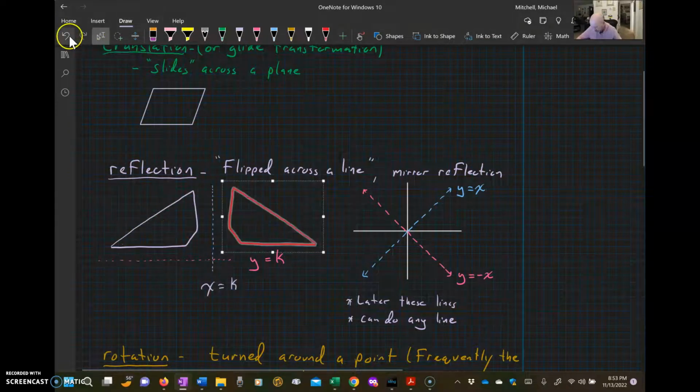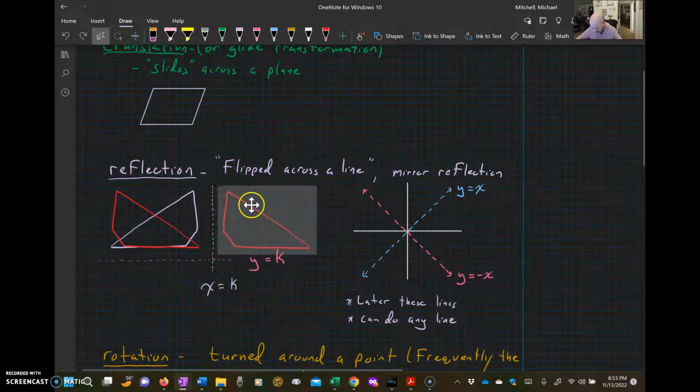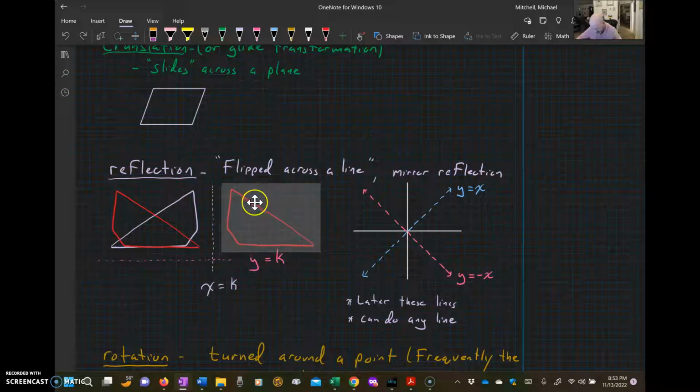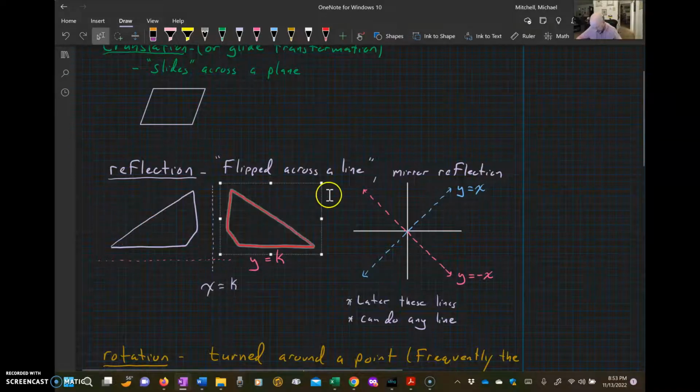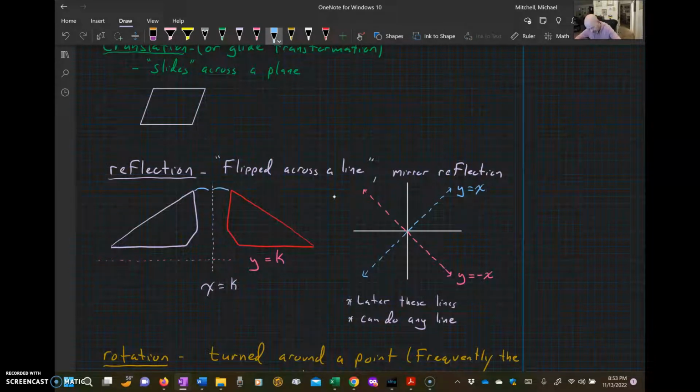I grabbed the wrong one. No, I didn't. That one will work. Doesn't matter which one I grab. Okay, there we go. And again, you can see that equidistant bit I was talking about for the vertices, reflected around that vertical line right there.